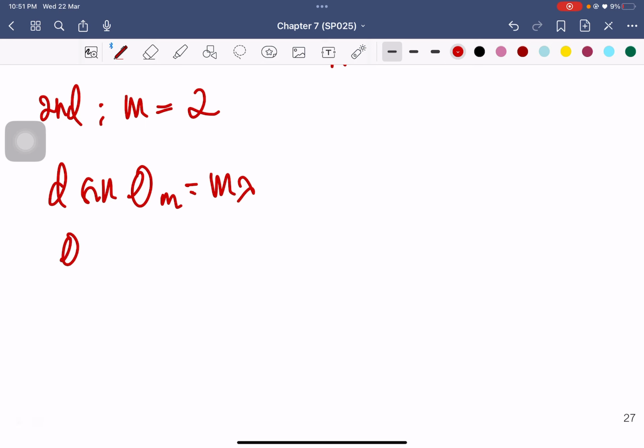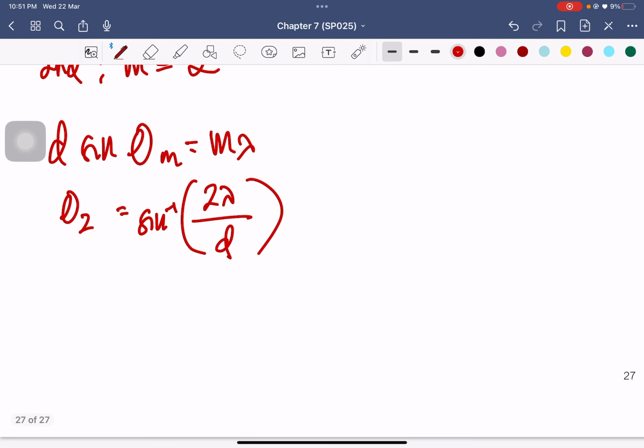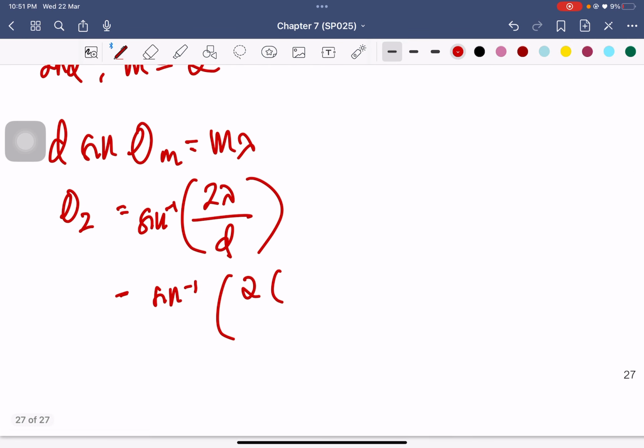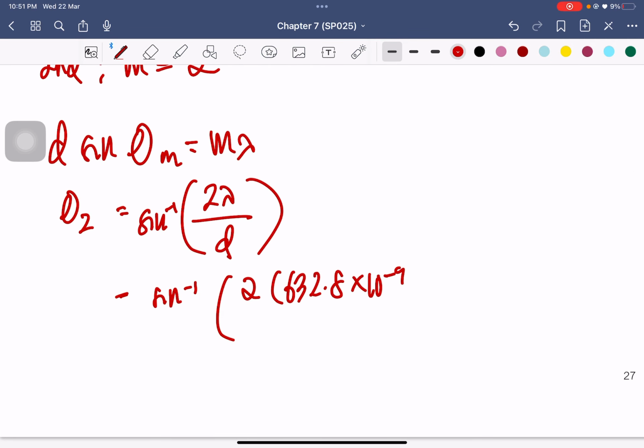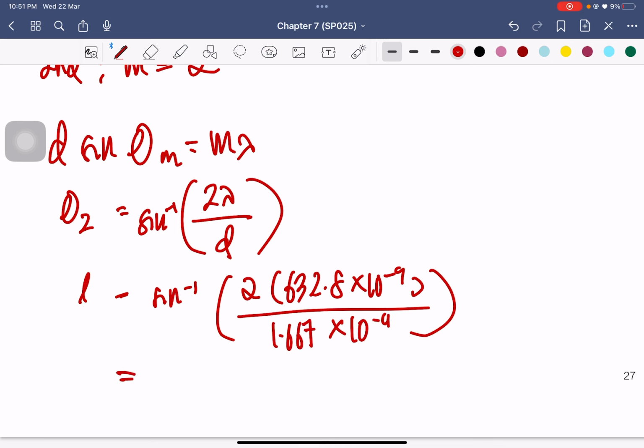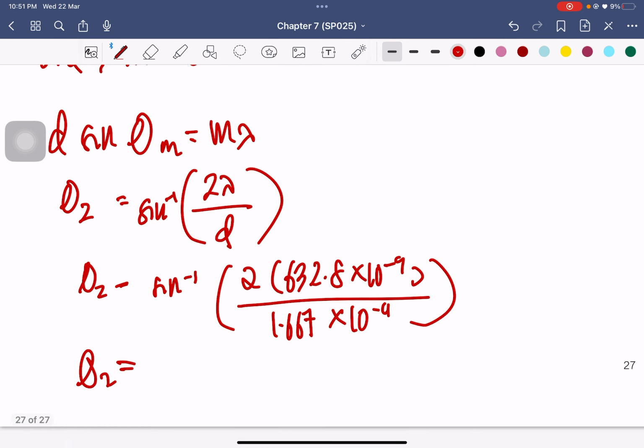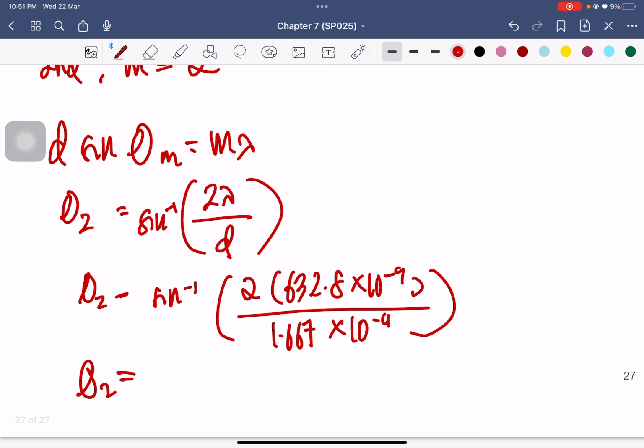Okay, so theta 2, I am rearranging this: m lambda over d, so shift sine. Shift sine, 2 lambda is 632.8 nano divided by 1.667 negative 4. So the angle for the second order is shift sine 2 times 632.8 times 10 negative 9 over 1.667 negative 4.